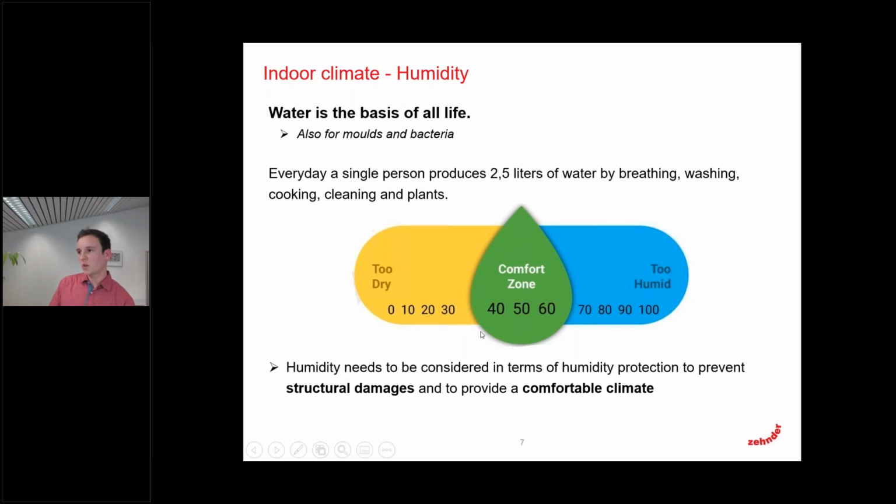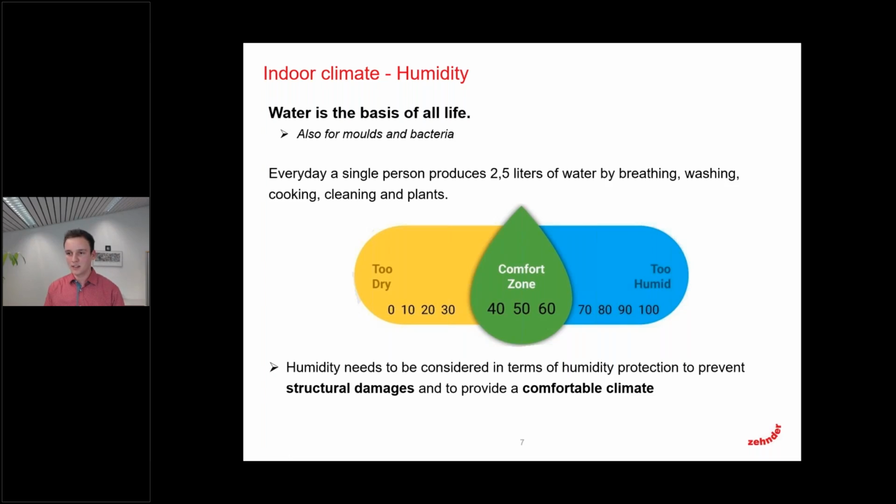But what do we want to have? Which humidity level? In our regions, we have cold winters, so there the humidity tends to be very low when we heat up our buildings. And in summer, when it's hot outside, we need to cool down our buildings.